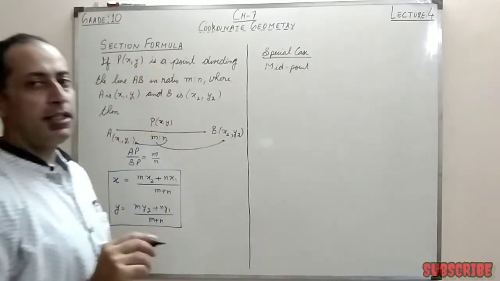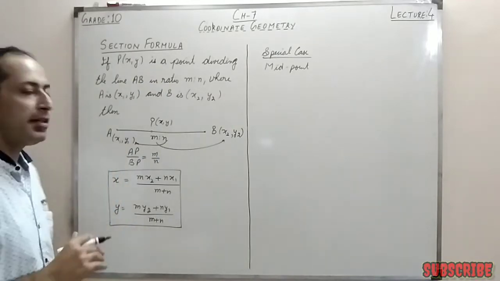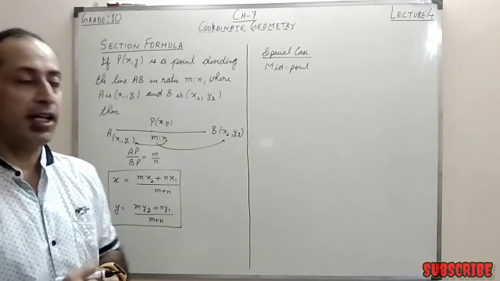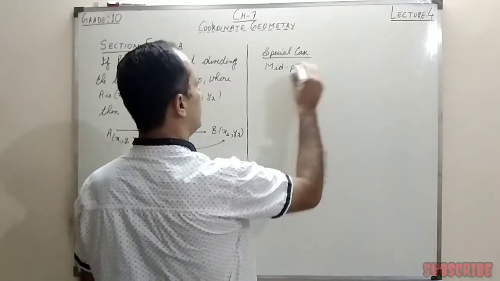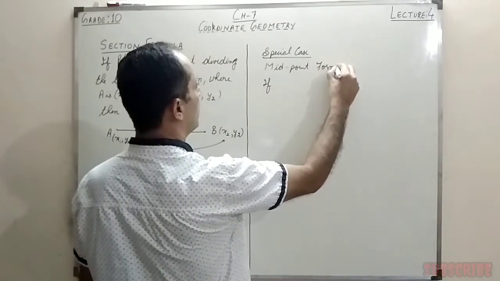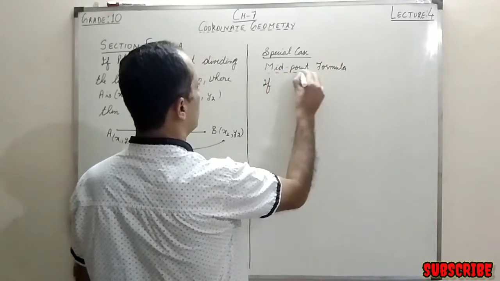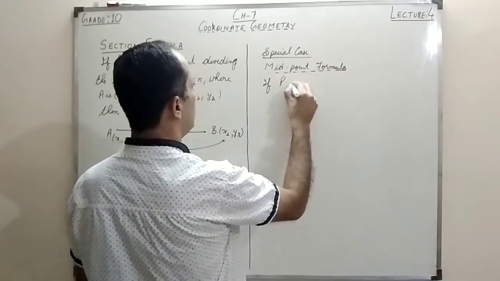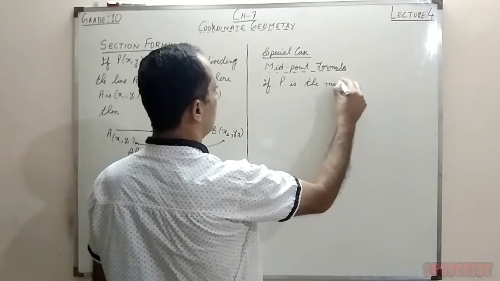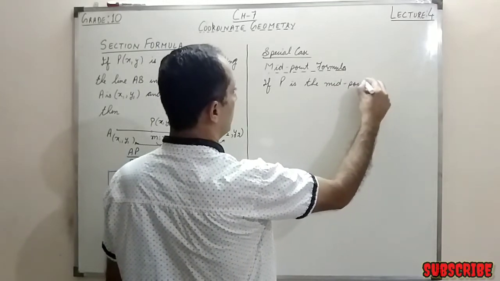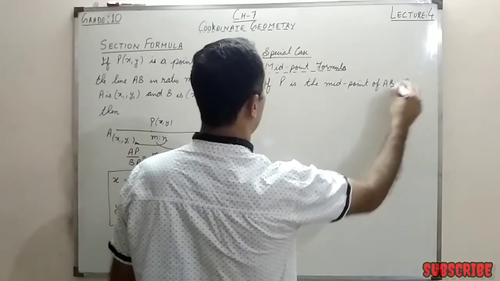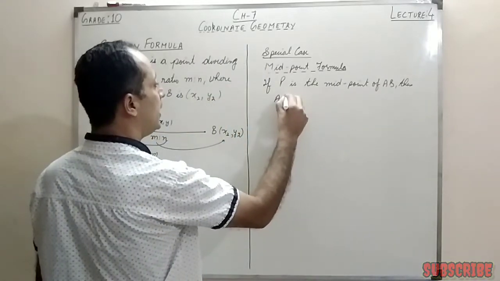Midpoint means that the point P is exactly at the center of A and B. If P is the midpoint of AB, then we have that AP will be equal to BP.